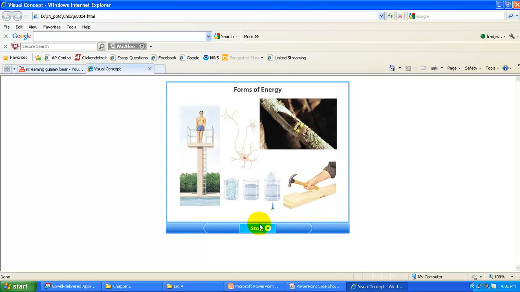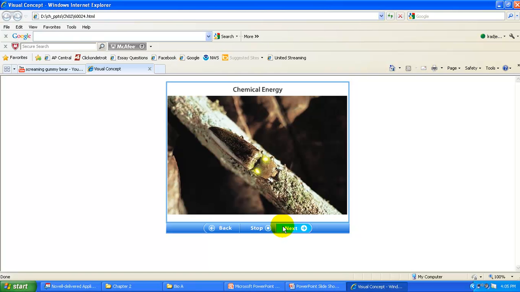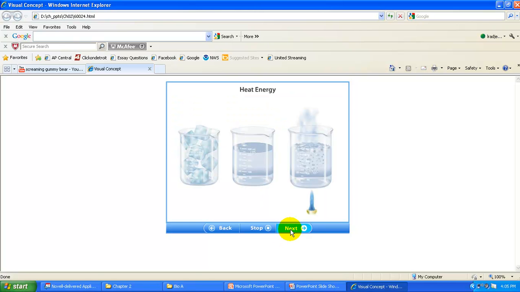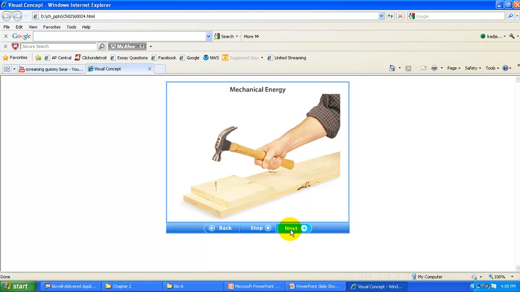Energy is the ability to move or change matter. Energy exists in many different forms. A chemical reaction causes this bioluminescent click beetle to give off light energy. Heat energy causes ice to melt and water to evaporate. The swinging hammer has mechanical energy.